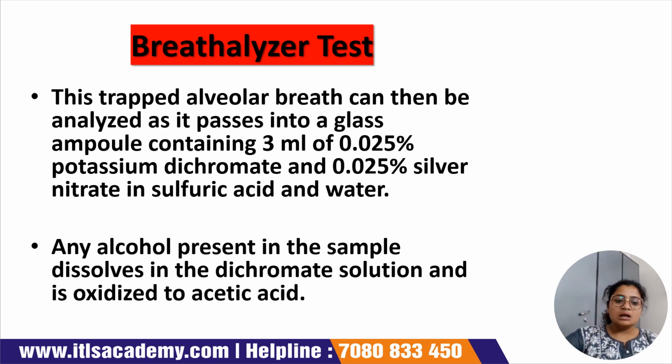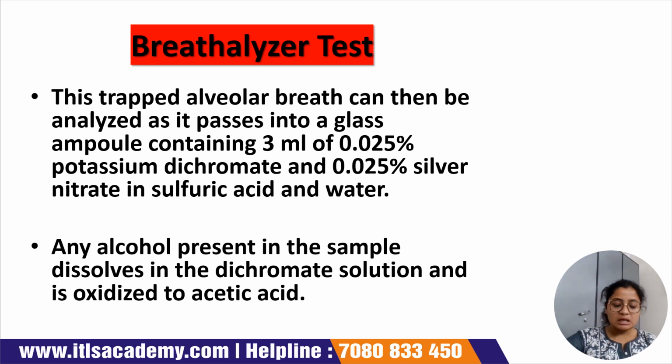This trapped alveolar breath can then be analyzed as it passes into a glass ampule containing 3 ml of 0.025% potassium dichromate and 0.025% silver nitrate in sulfuric acid and water. Whatever light absorption is there, there has to be some chemical reagent that reacts with the alcohol so that the light can be absorbed. That reagent is potassium dichromate and sulfuric acid along with water.